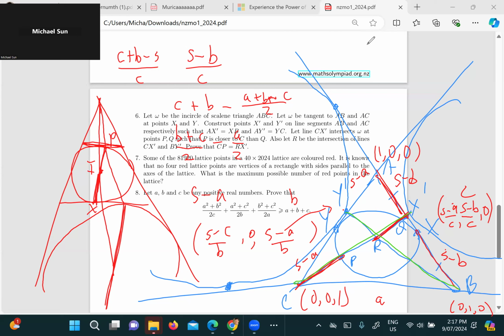So R has coordinates X, Y, Z. X over Y equals S minus A over S minus B, and X over Z equals S minus C over S minus A. So that should allow us to solve for these things.